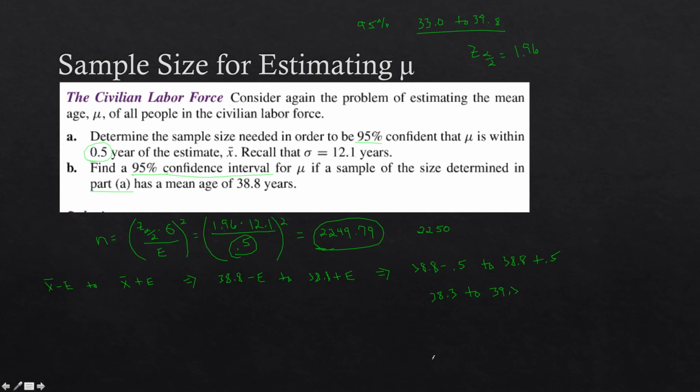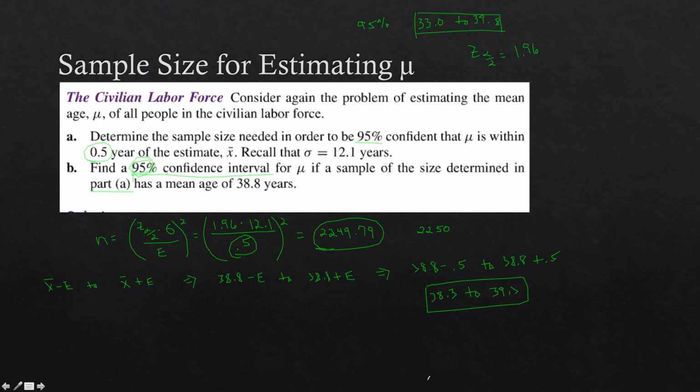So we decreased the error and increased our sample size and still have the same confidence level, but look how much we increased our precision. Look how tight that interval is compared to this one. This one's much smaller because we increased our sample size, but we still have a 95% confidence level.